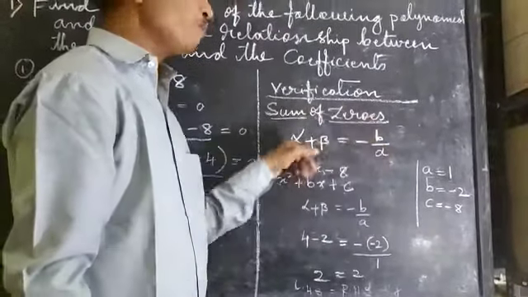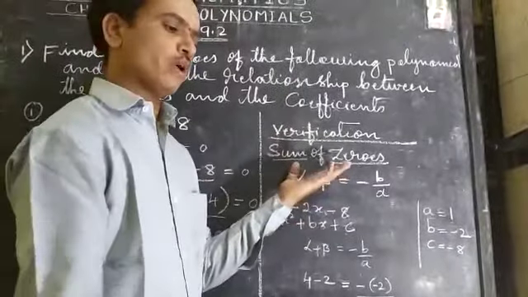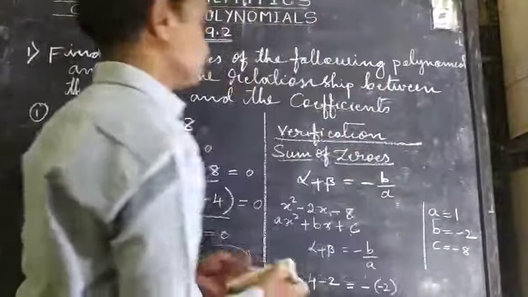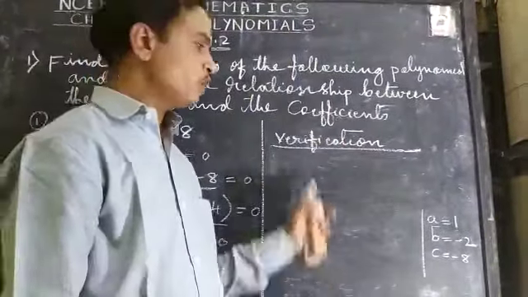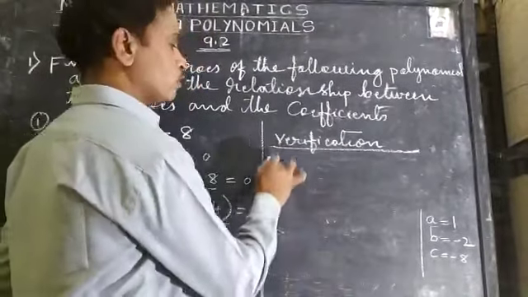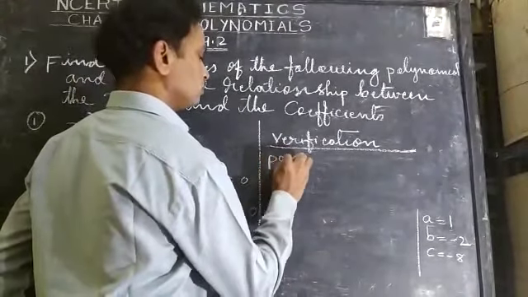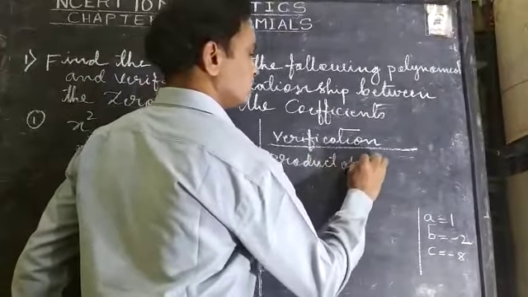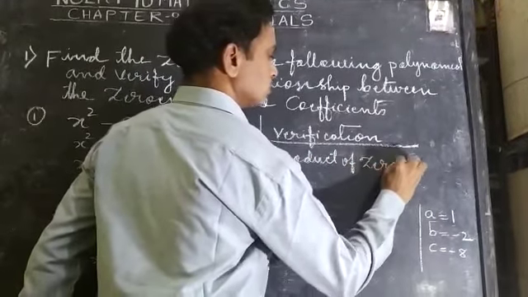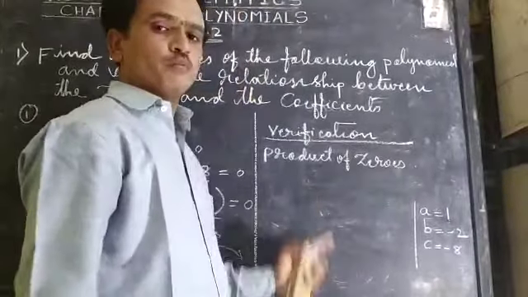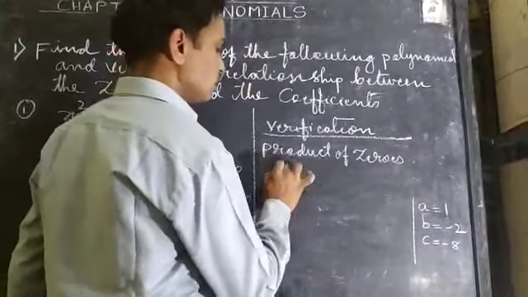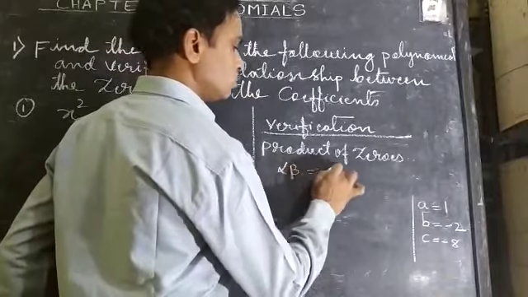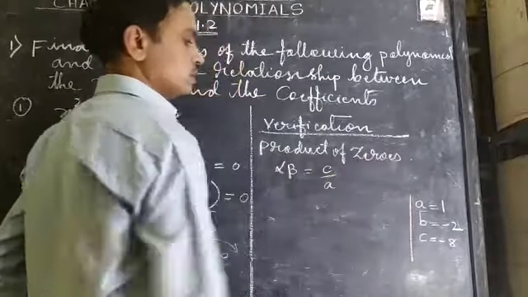Now one point is clear, that is the sum of zeros. Next we will go to the product of zeros. Product of zeros, that is the formula: alpha into beta is equal to c by a. This is the formula.